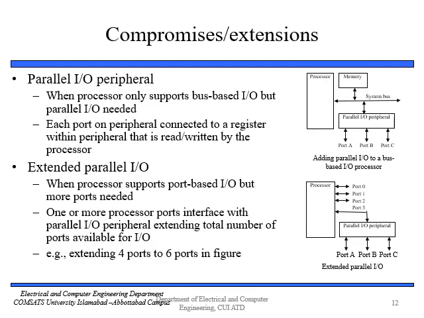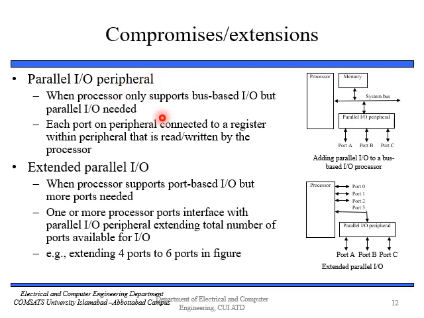So here a few compromises and extensions are shown for parallel I/O, that is our port based I/O, and then we have the second one, that is bus based I/O. In parallel I/O peripheral, as you can see here, the processor is connected to memory through the system bus, and then this system bus is connected to parallel I/O peripherals with port A, port B, port C. So we call this parallel I/O peripheral.